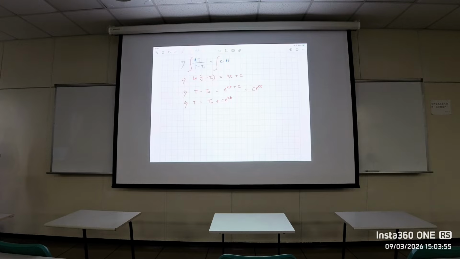What is my T0? 22, the room temperature. I can put that value directly. So then my T is nothing but 22 plus c e to the power kt.